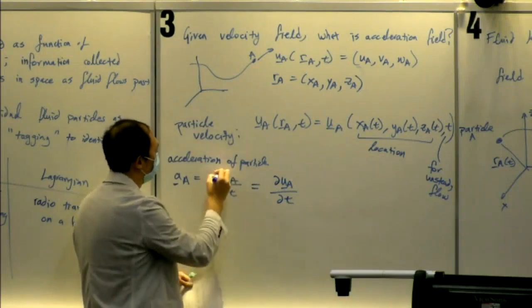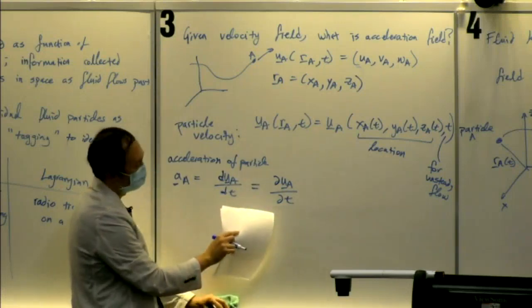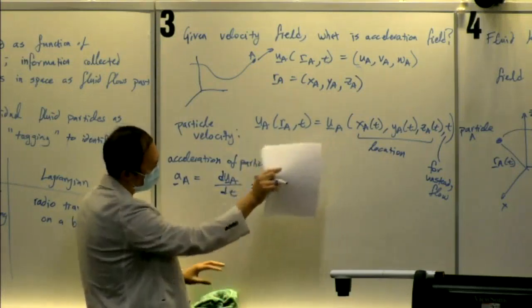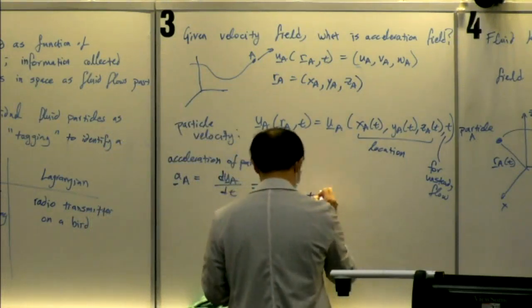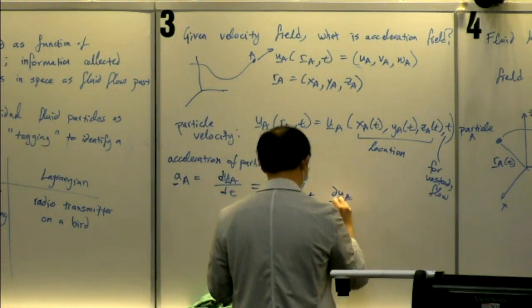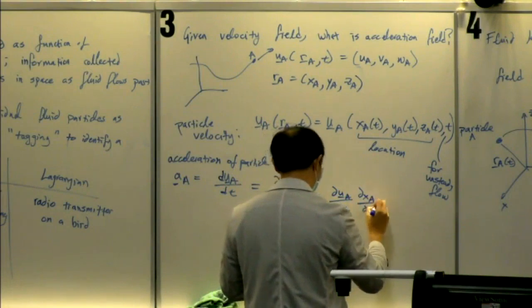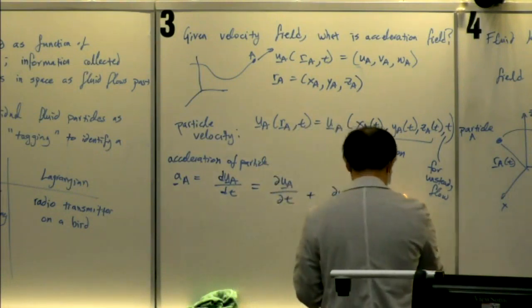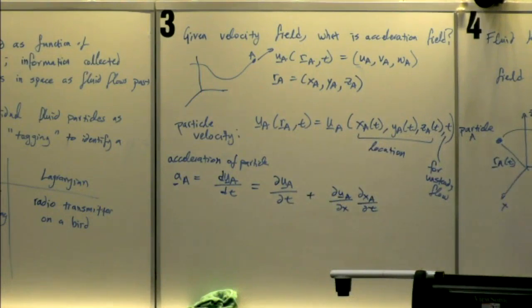The total derivatives are the non-squiggly ones. This is a partial derivative because u is a function of all those variables, so it means you're just taking it with respect to that part. You have to use what's called the chain rule.